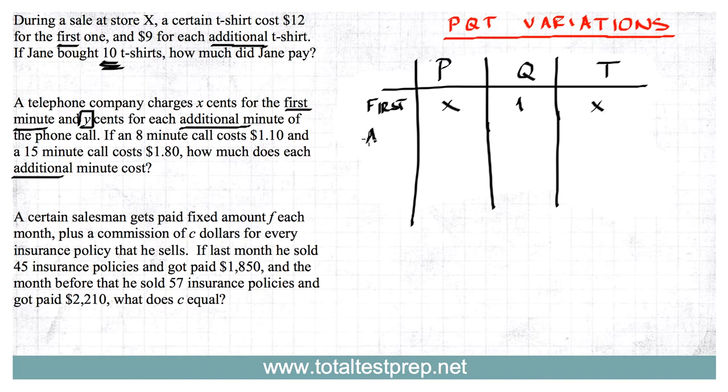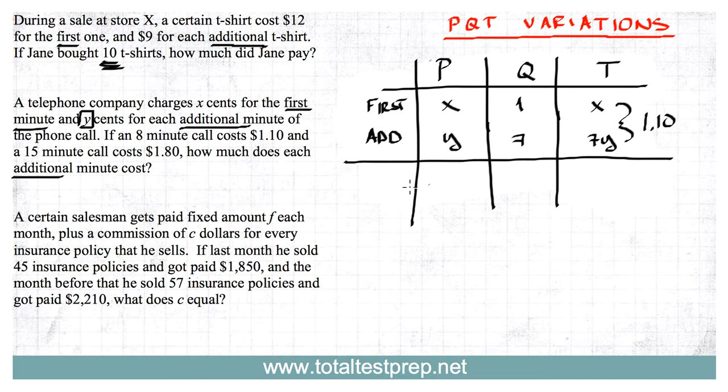Now each additional minute costs Y cents. For an 8-minute phone call, we're paying X for the first minute and then Y for 7 minutes. So we're paying a total of 7Y for the additional 7 minutes. And this together is $1.10. Then we'll make these two rows again. This is for the 8-minute phone call.